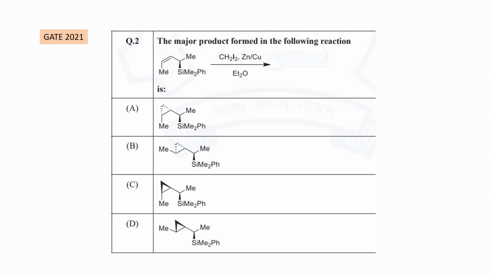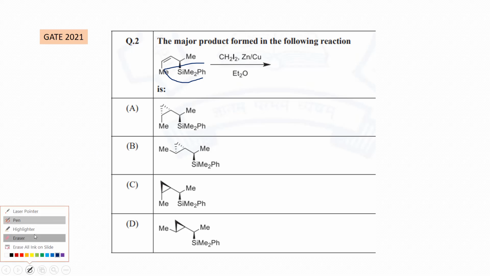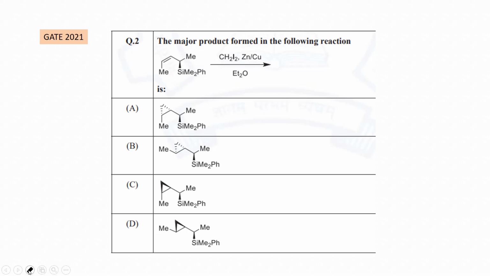Silicon does not have any coordinating property because it doesn't have a lone pair of electrons to coordinate with the vacant d orbital of the zinc. So it will just give a steric hindrance to the molecule. That's why the reagent will come from the face opposite to this group.